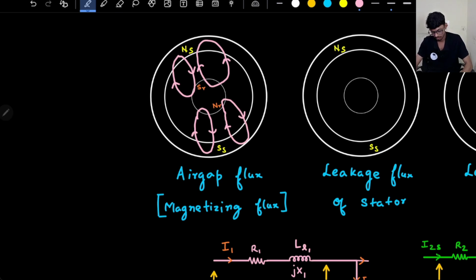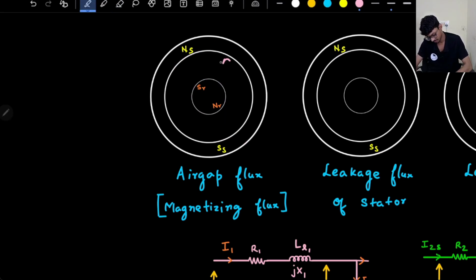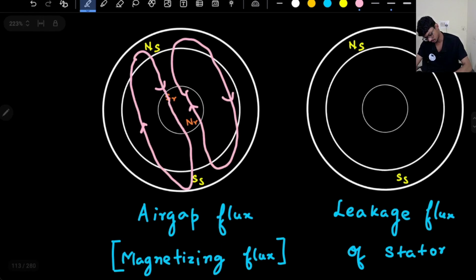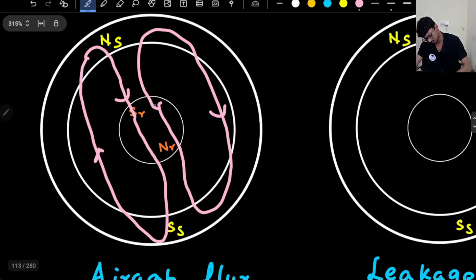Okay, sorry, I'm making a mistake. Basically the flux will link something like this. It will come from here, it will divide in the south pole, then again internally it will go here and it will link here. Here also the same thing. So basically the flux will flow through the air gap, and it will go like this and rotate in the clockwise direction.